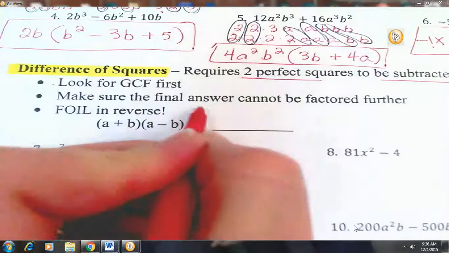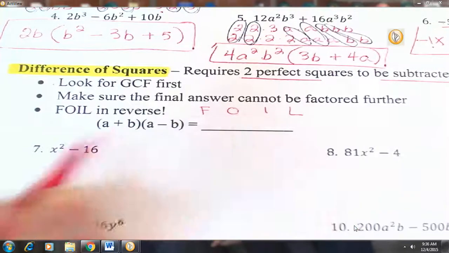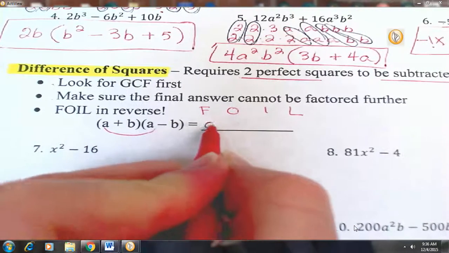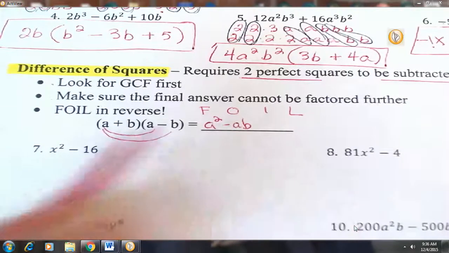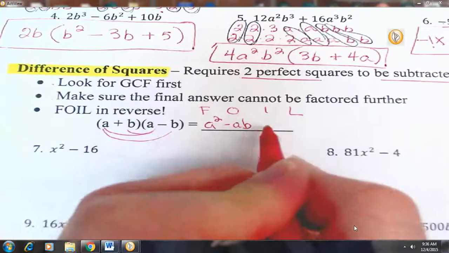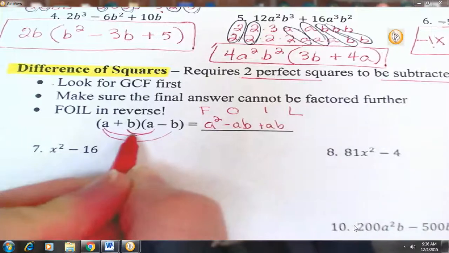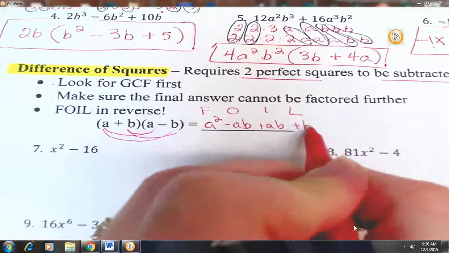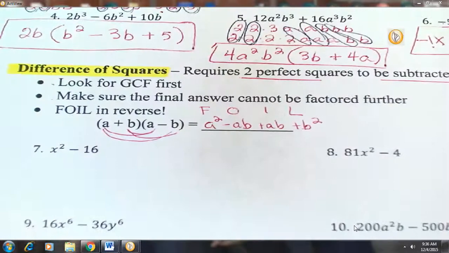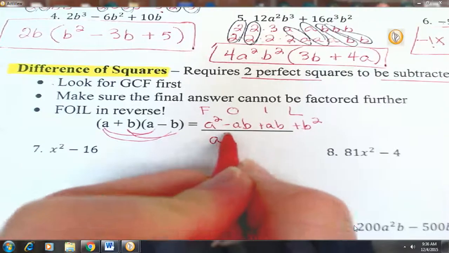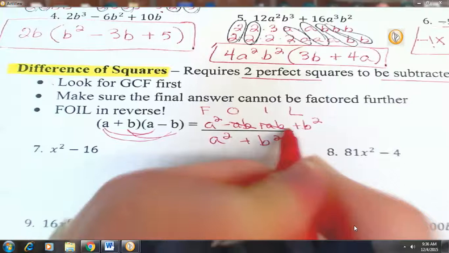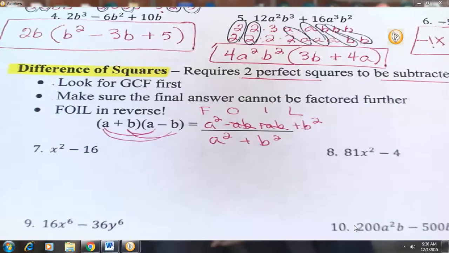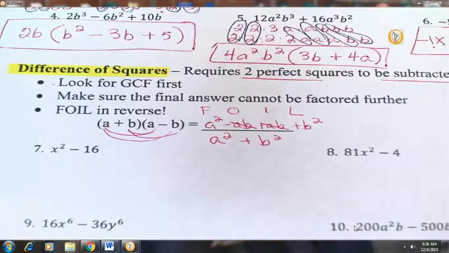First, outer, inner, and last. We'll multiply the first terms. A times a is a squared. A times negative b, negative ab. B times a, positive ab. And last, b times negative b is negative b squared. If I simplify that, I have a squared minus b squared. Oh, it should have been negative. I just wrote the wrong sign there.